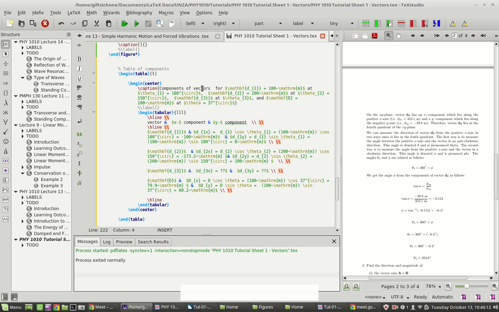Now, components of vectors A. Vector A is how much?